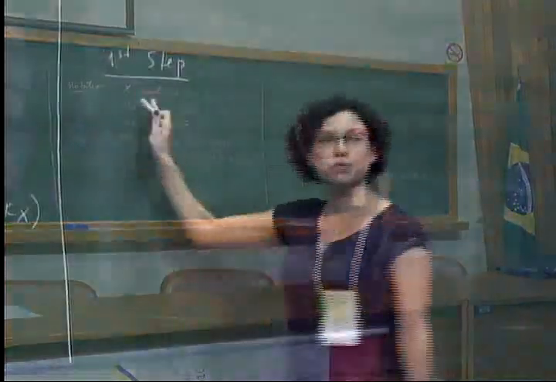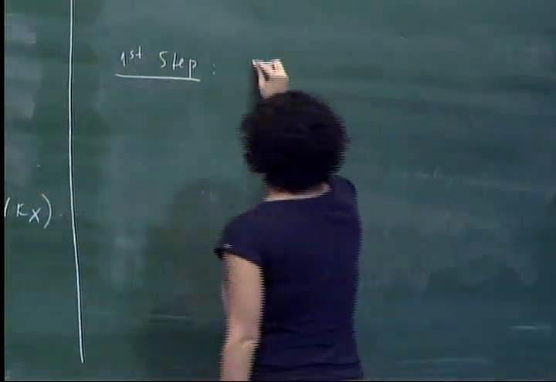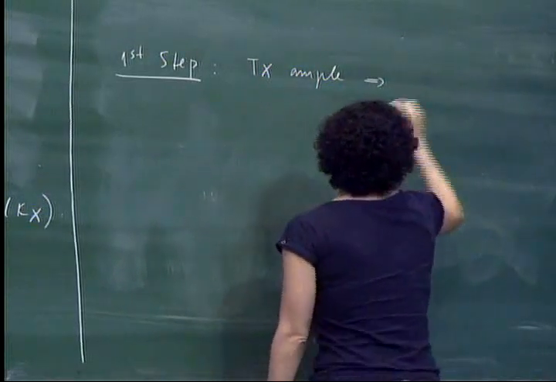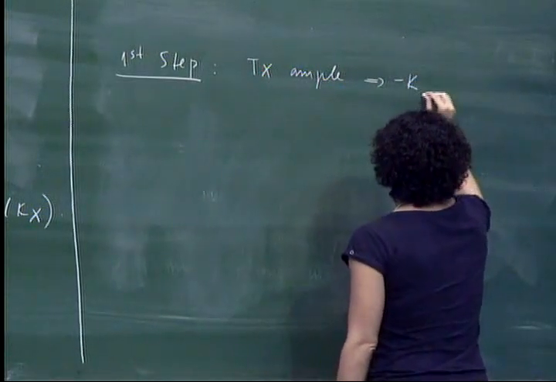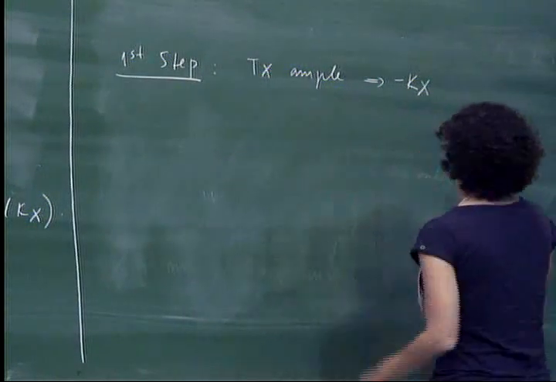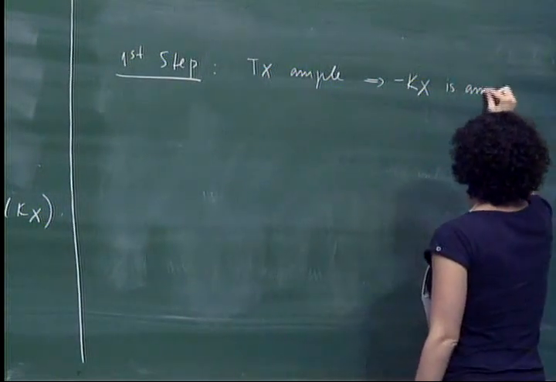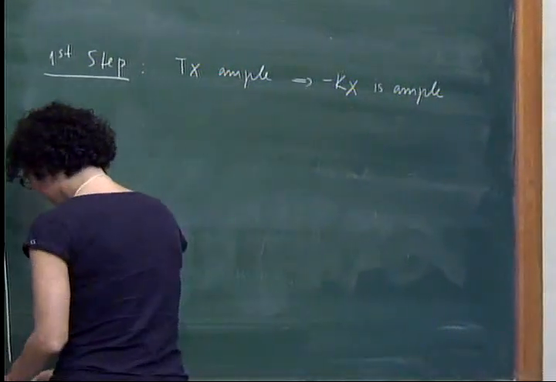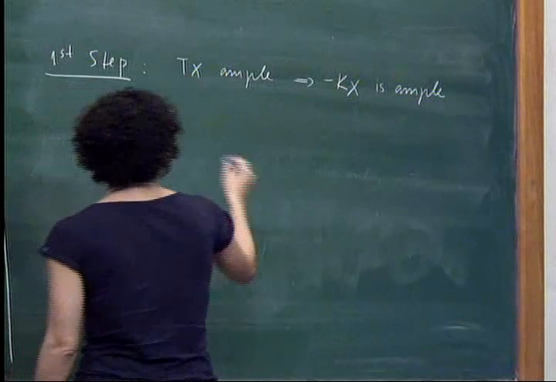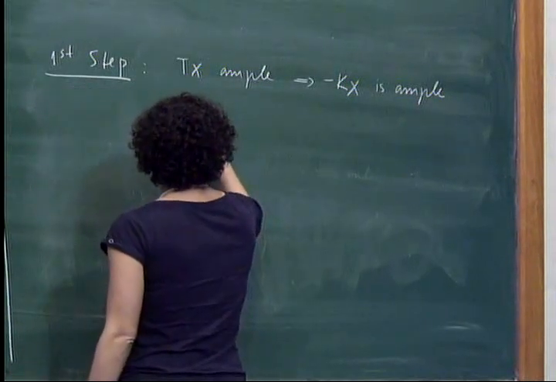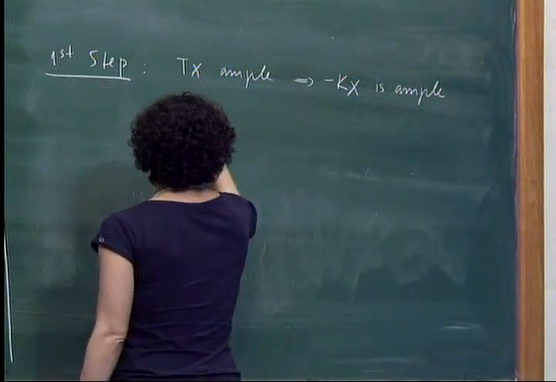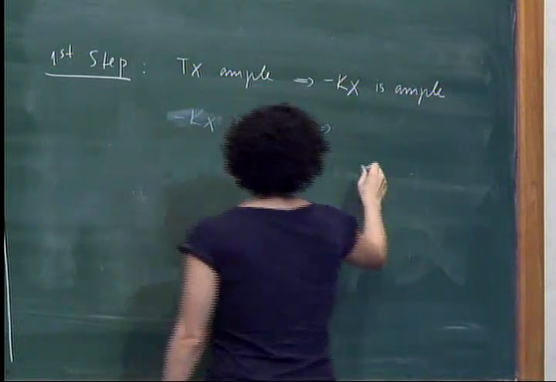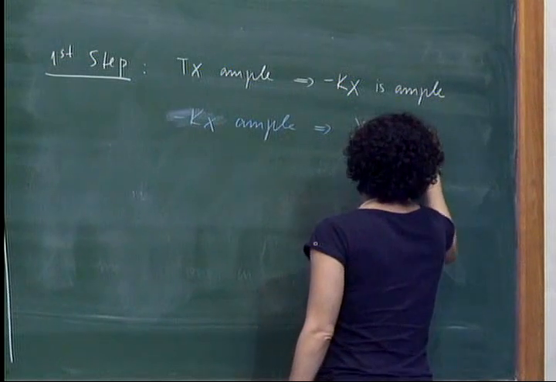And this is what we are going to be doing here. So we notice that the tangent bundle being ample implies that minus the canonical bundle, which is its determinant, is ample. And then there is this very nice part of Mori's proof, which is to prove that minus K_X ample implies that X is uniruled.